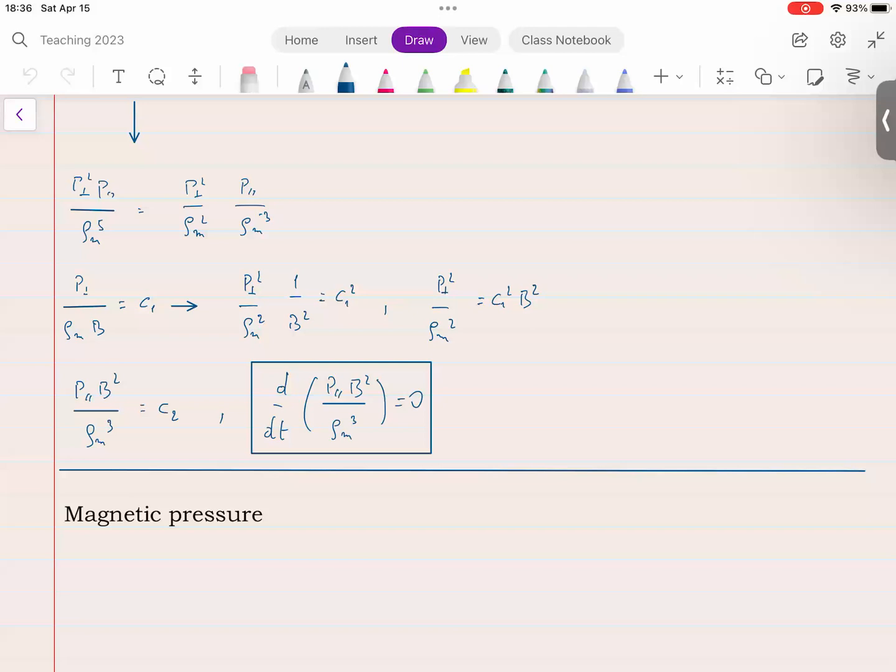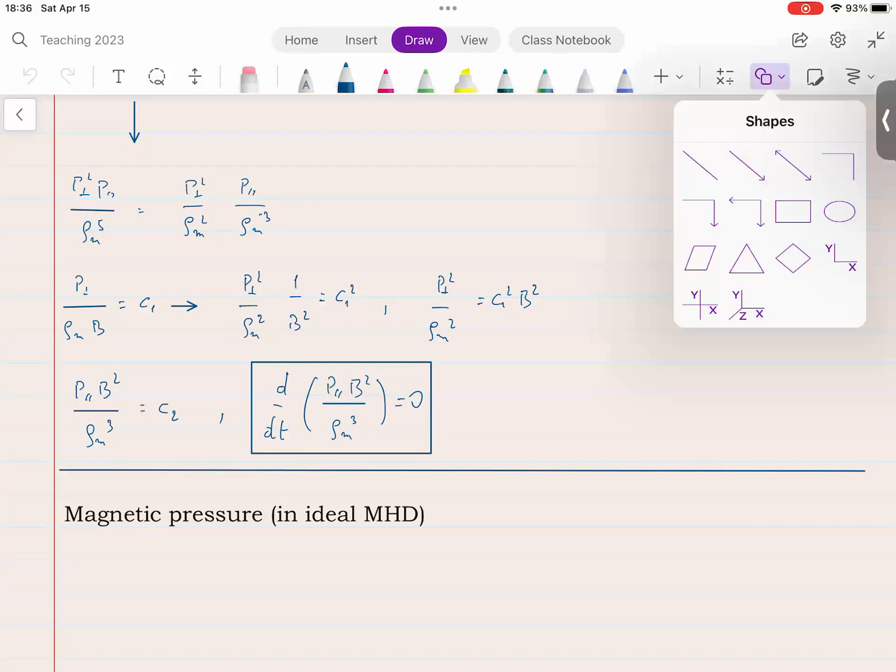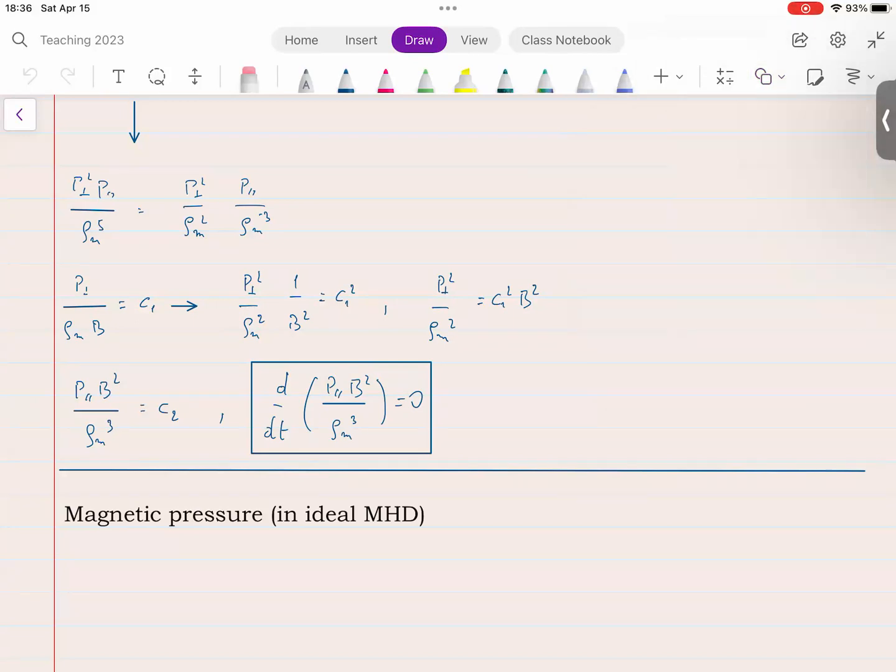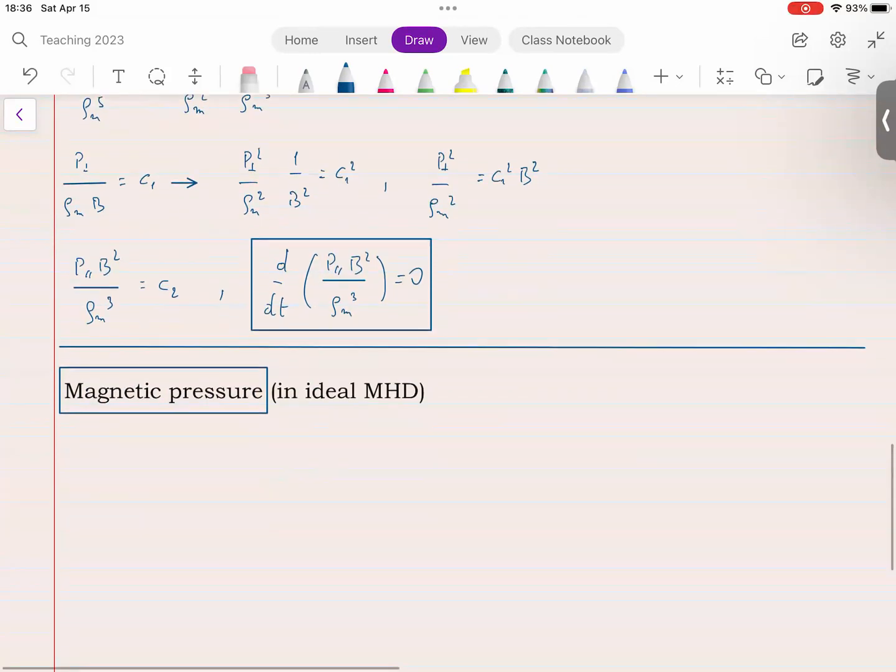And here I'm going to be talking about ideal MHD. And therefore, the pressure is a scalar field. And let's see where that comes from.